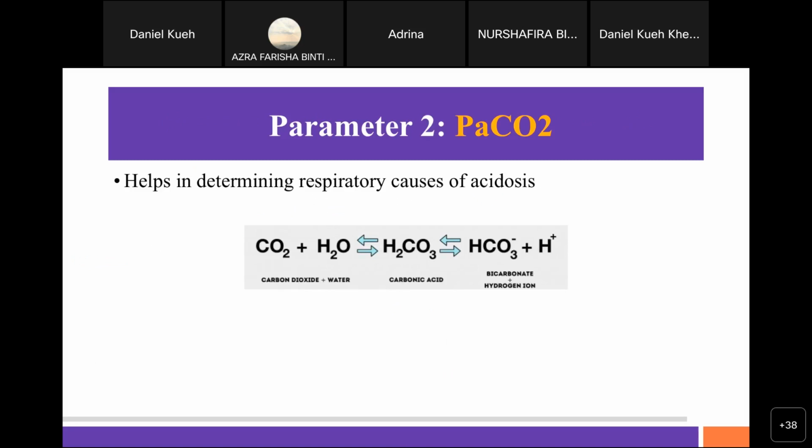Okay, so for the parameter for carbon dioxide, of course we already know from this equation itself that carbon dioxide will become more acidic due to the carbonic anhydrase. So by seeing the PaCO2, you can determine whether the cause is respiratory or metabolic. Even the name itself says respiratory, so of course it involves gas first.